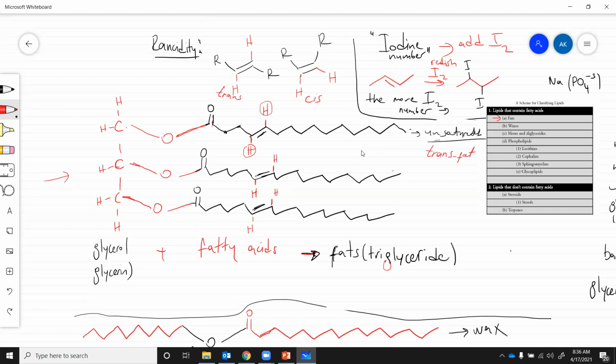Trans fat. There's a lot of hype about it, and these are not hype. It turns out that trans fats are the ones that clog your veins and blood vessels. This is the responsible fat, and this is called trans fat.